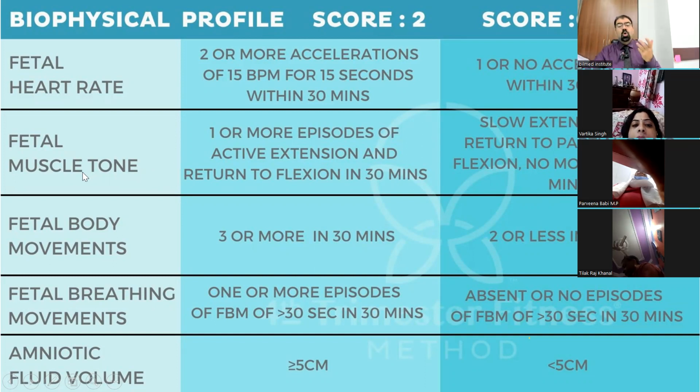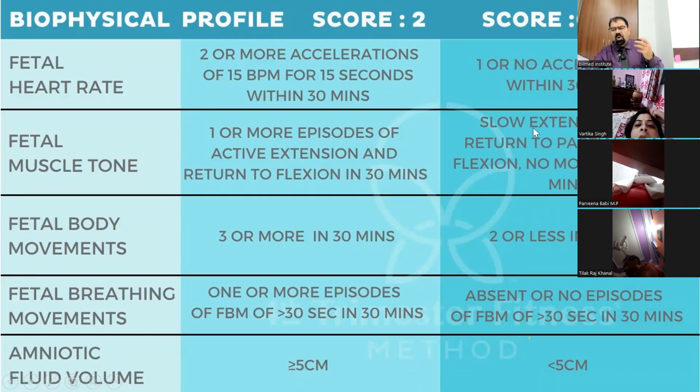Second is the fetal tone: 1 or more episodes of active extension or return to flexion in 30 minutes. So I have to watch this muscular tone for 30 minutes, active extension or flexion. This is the fetal muscle tone. If I am seeing 1 in 30 minutes, then I will give 2.